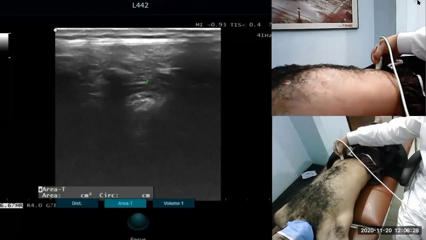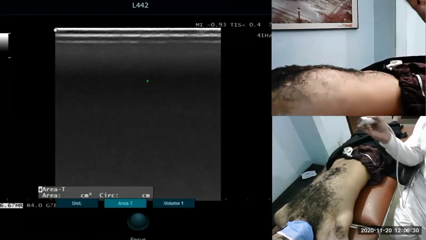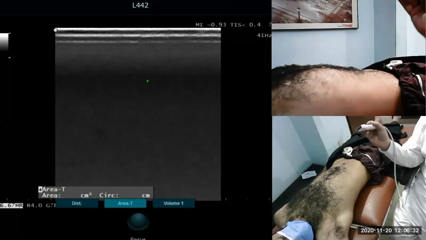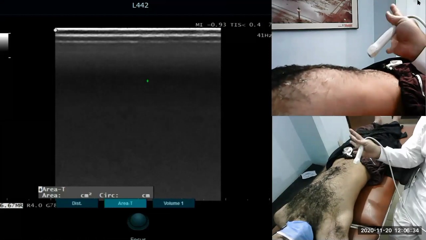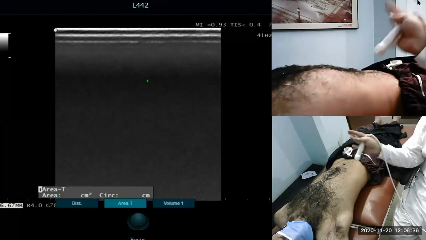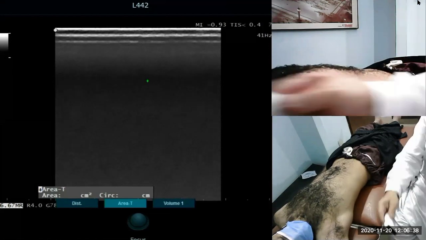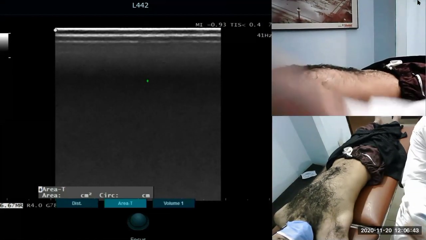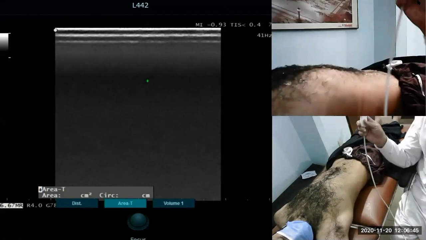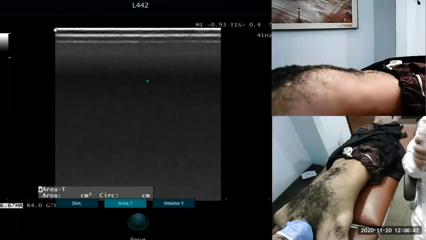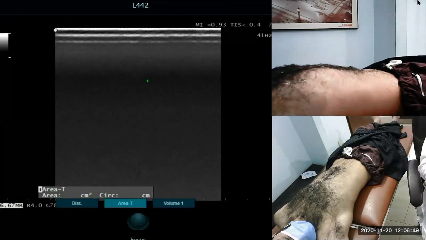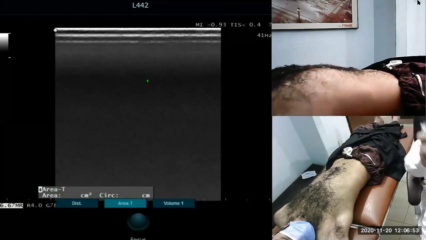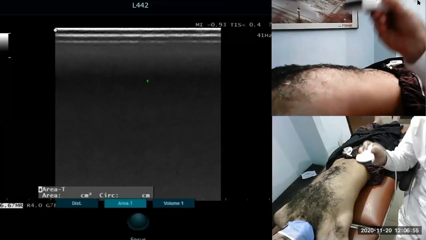All right. So we have seen the anterior abdominal wall, the iliac fossa. We are now going over to the convex probe again. We will see the abdominal organs and then the pelvis.